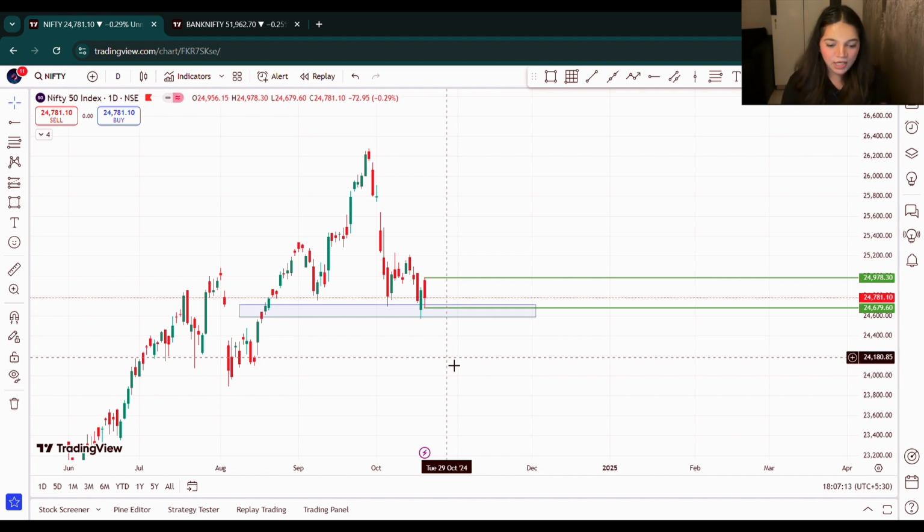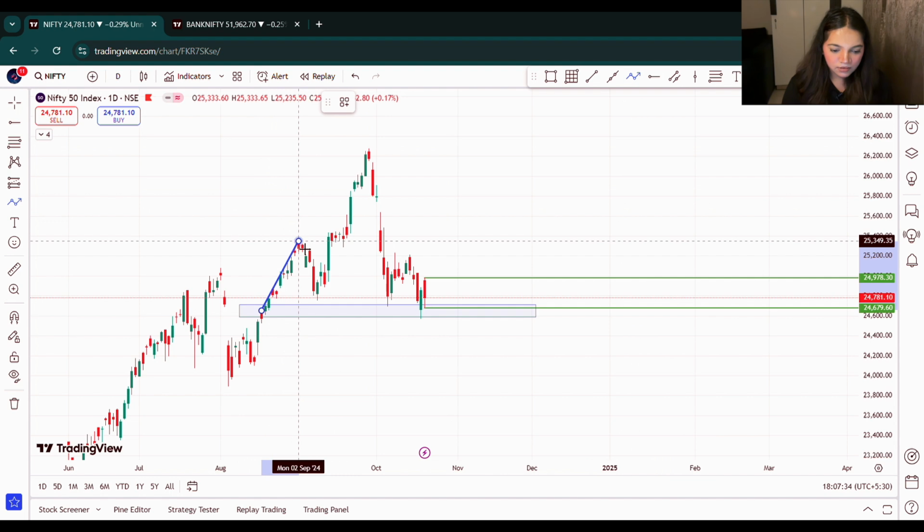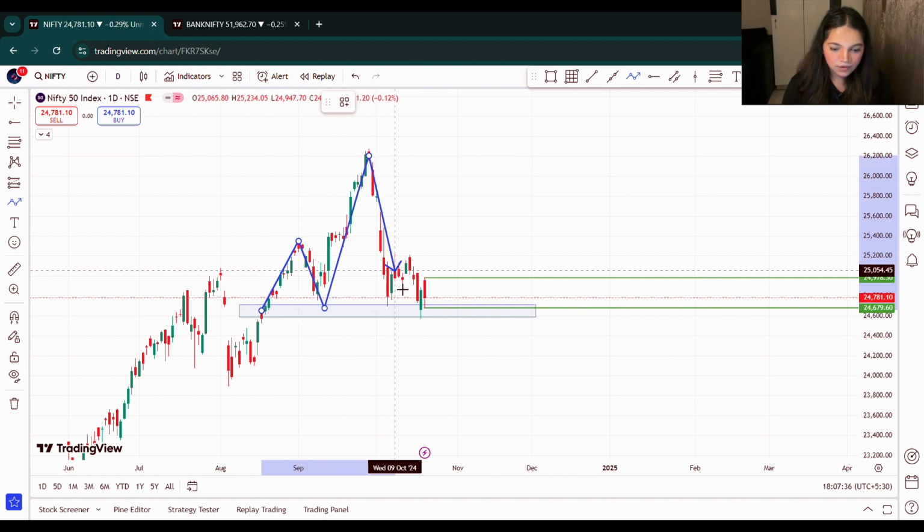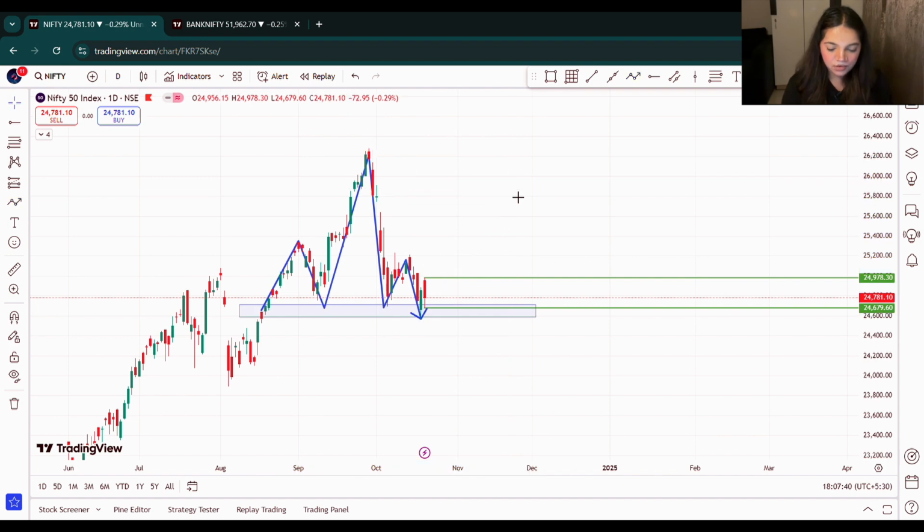We have to see how the market performs tomorrow. This is the head and shoulder which Nifty 50 is creating. Again, we have to see tomorrow if the market creates consolidation over here or what.